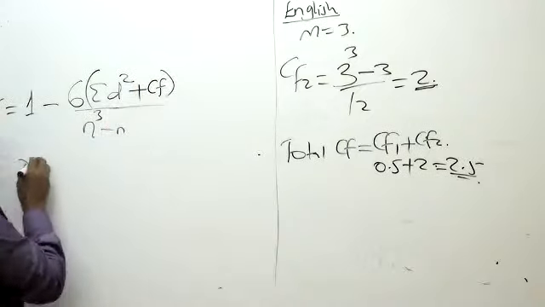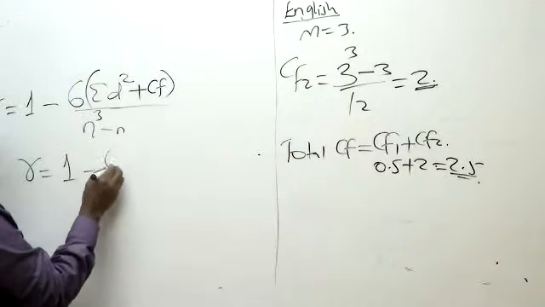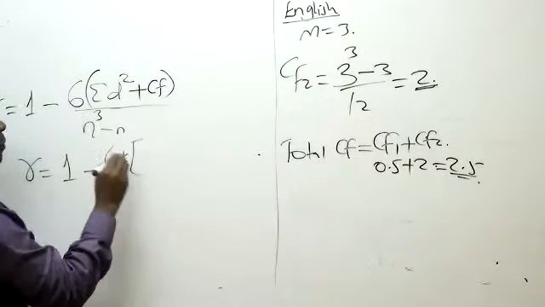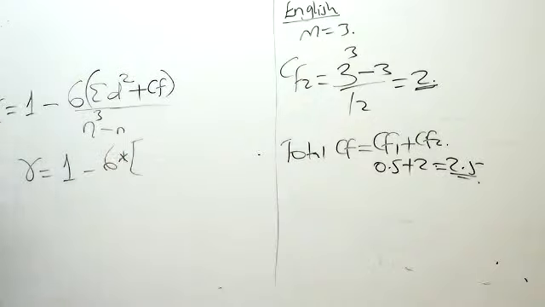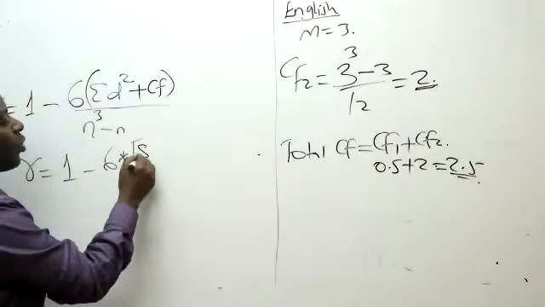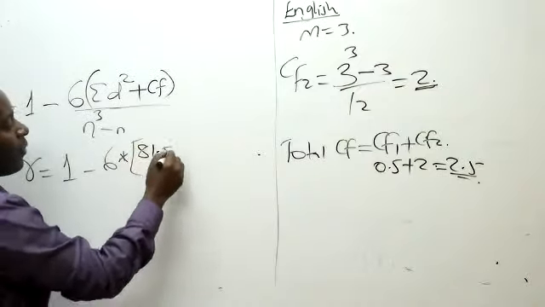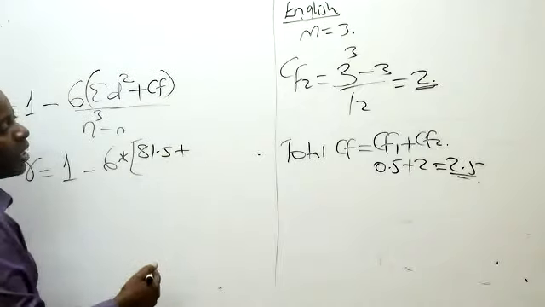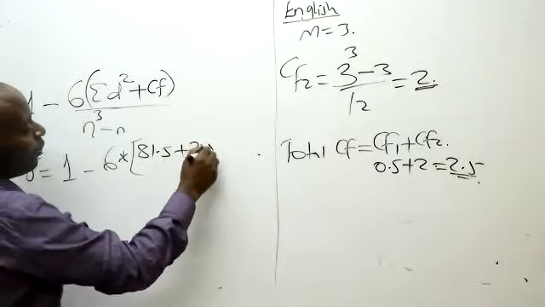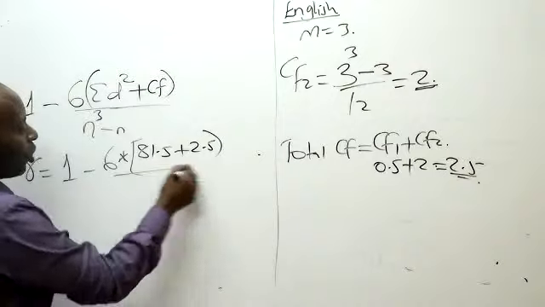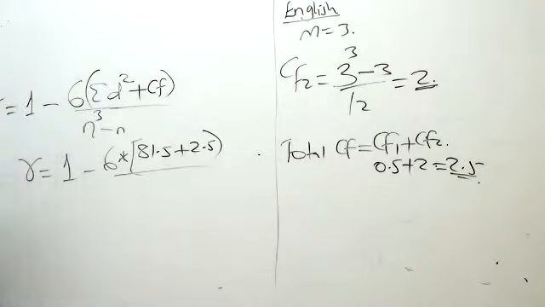So then our R will be 1 minus 6 times, open bracket, summation of d squared, which is 81.5, plus our total correction factor, which is 2.5, all over n, where the number of students was 8.